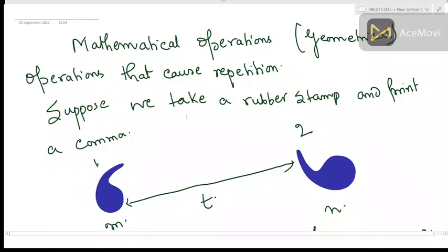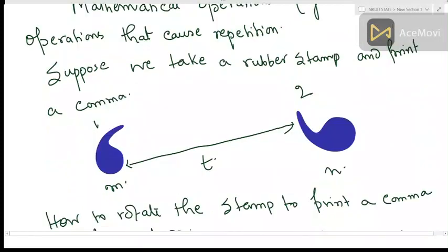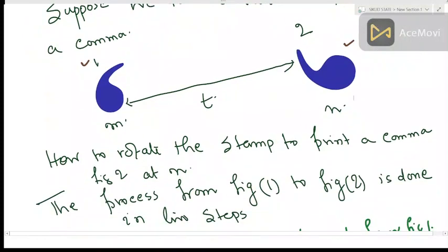Now suppose you put a comma at this position 1, and here you are printing this comma. Now the object is the same.